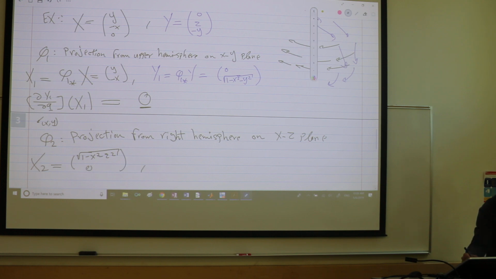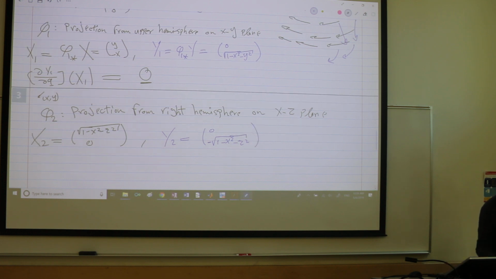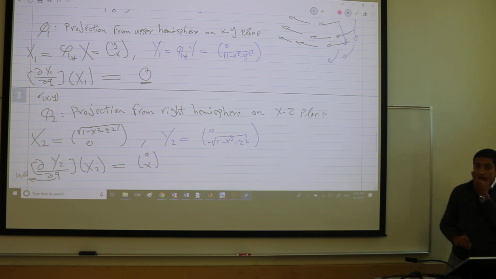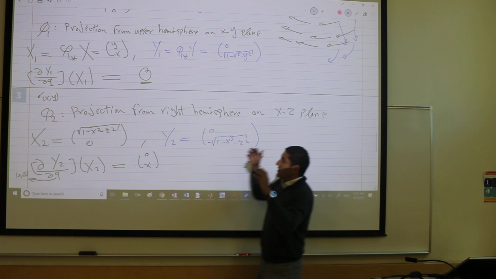You get y2, again it's the Jacobian, or the x and z coordinates, so 0 and negative 1 minus x squared minus z squared. And you do the computations in the x and z, so we do here partial y2, partial your q, and your q now are just x and z, right? And I will multiply by x2, and here is the result, it's x.